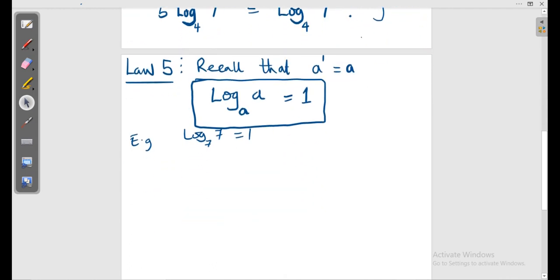So these are the first 5 major laws you need to know. And as a further math student, it is good that you learn the proof, just having an understanding of what the proof is all about. Now we're going to take a few questions and we'll see how to go about solving questions of this form.